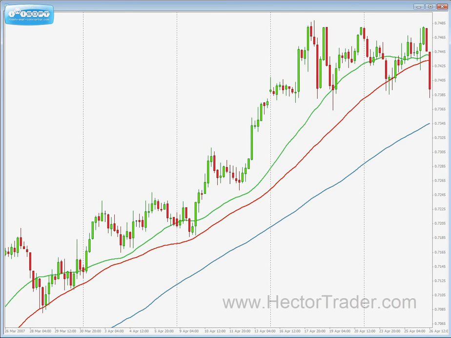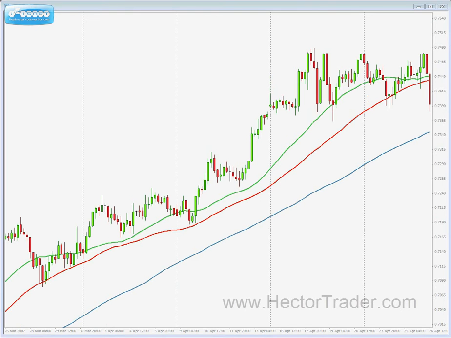Let's assume this is a live chart, and the current market price is at this level. Let's try to read what's going on in this chart.